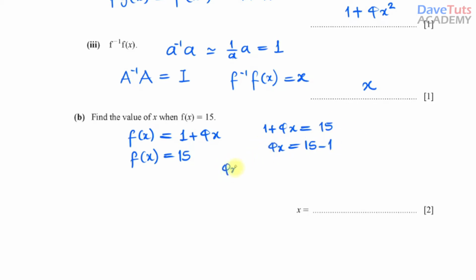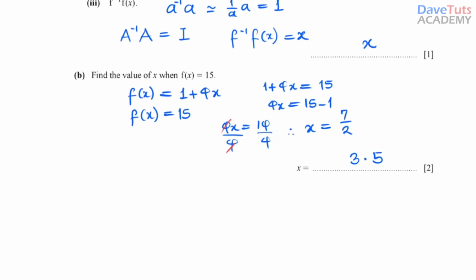So 4x is equal to 14, and to solve this we can divide both sides by 4, and then on the left hand side the 4 will cancel, such that we have x is 14 over 4, which will be 7 over 2, or in decimal form x will be 3.5, and that is as good as this question gets.